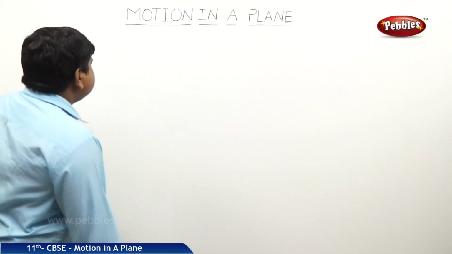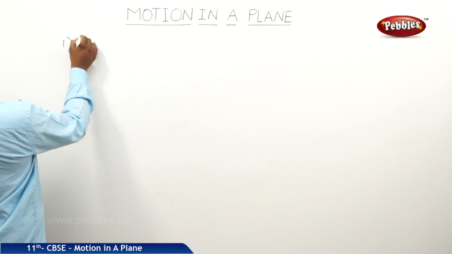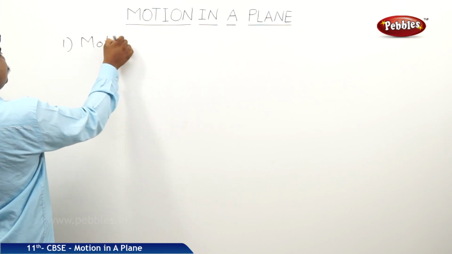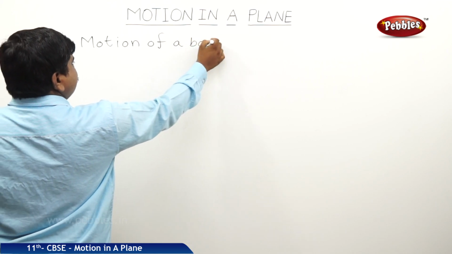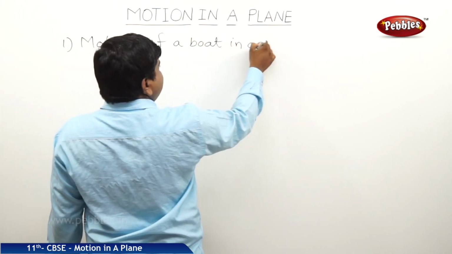Now we will see the examples for the relative velocity cases. The best example is motion of a boat in a streamline flow.